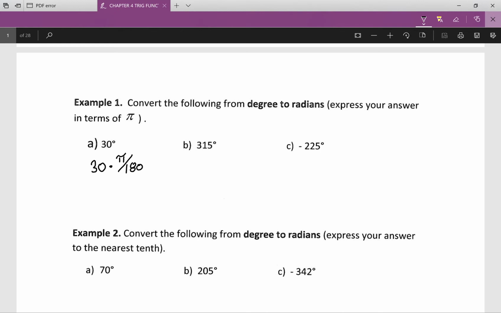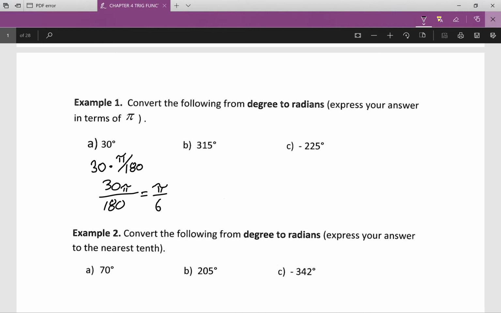Now, whenever I'm doing these conversions, I've always visualized it as: when I'm turning into radians, I'm putting the pi in because it's on top, and when I'm converting into degrees from radians, I'm taking the pi out because it's on the bottom. So then we get 30 pi all over 180, and this equals pi over 6, which is going to turn out to be a very important value once we get to something called the unit circle.